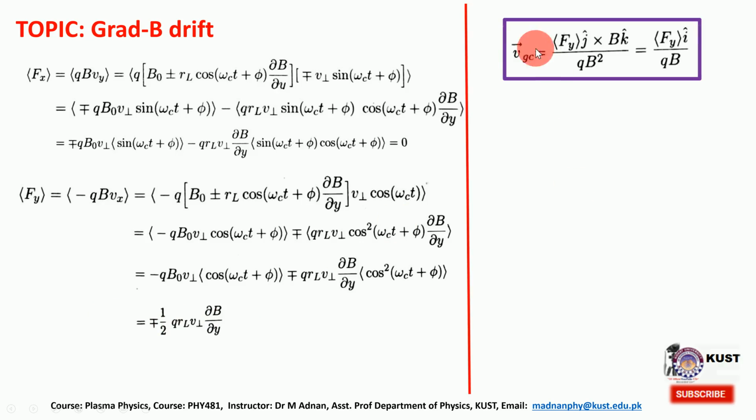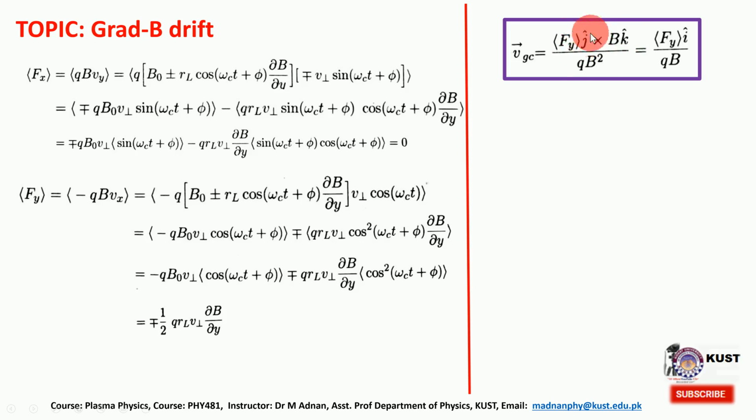So if we put that force, which is non-zero once there is a gradient along the y coordinate, it will give rise to a guiding center drift, and we need to use that general formula for the guiding center drift, that is, 1 over q times F cross B over B square. Now the force is along the y coordinate, since this F y is not 0, so there is j, and the magnetic field is applied along the z-axis.